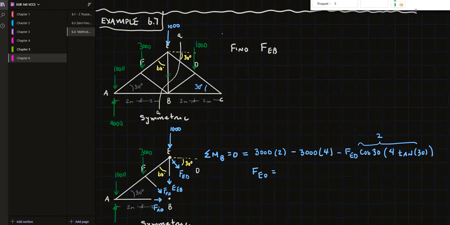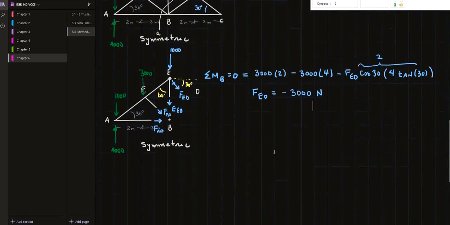And then 3,000 times 4 is 12,000 minus 6,000 is 6,000. So that'll essentially be 6,000 over 2, or 3,000. And it's going to end up being a negative 3,000 newtons. So that calculation was for section AA here, the free body diagram I drew for that.